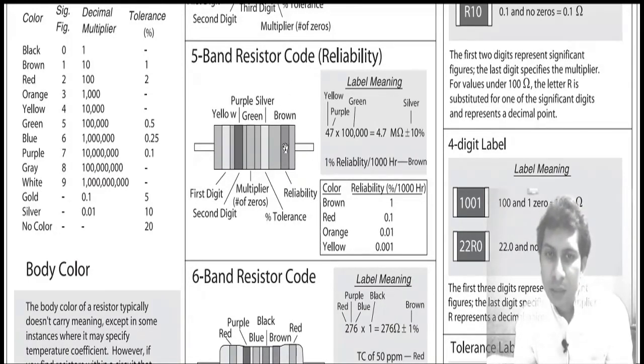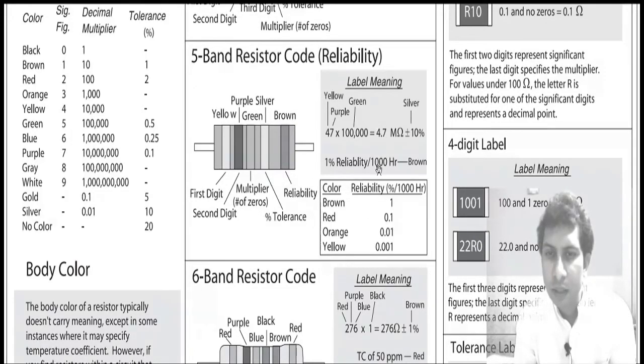Sorry, brown is used as reliability. And reliability means what? This is 4, 7 for the first two digits. 4 is for yellow, and 7 is for purple. And the multiplier band is green. Green means 5.